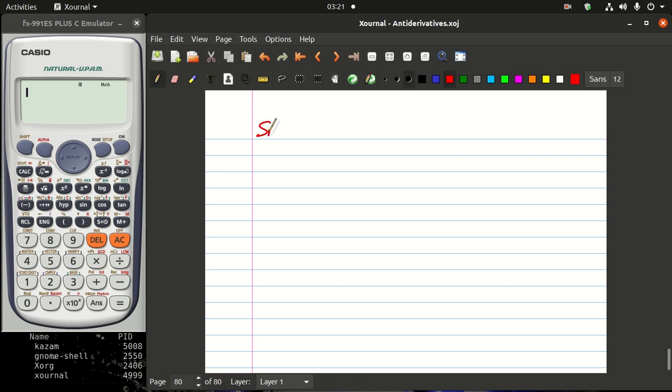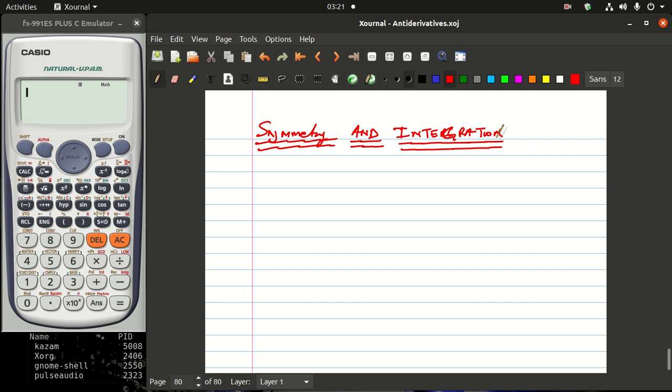So I want us to talk about symmetry and integration. It's not a big deal. Integration is just one of those things that we already talked about, but I want to mention it once more so that at least you understand what is going on.